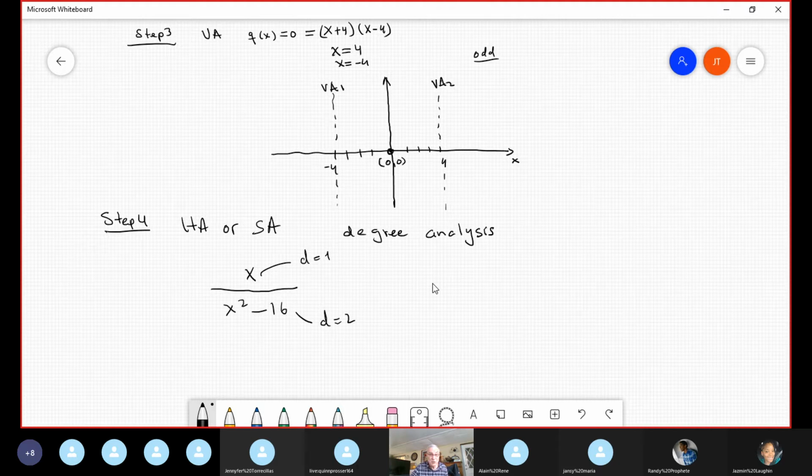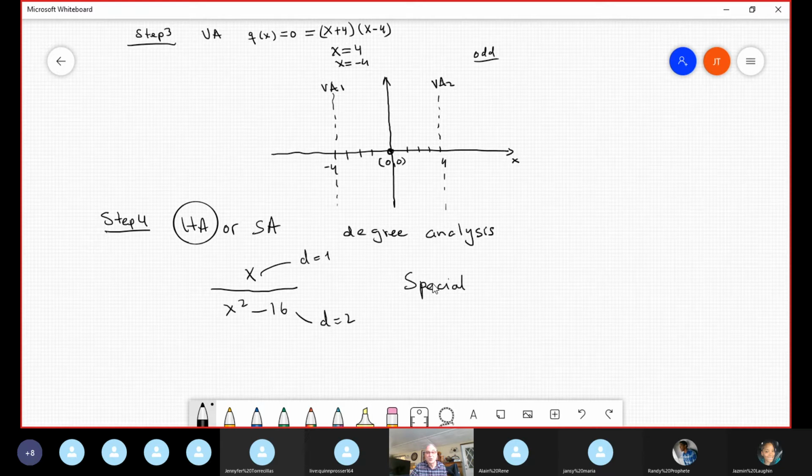Okay, we have a horizontal asymptote in two situations. When the degree is the same, that is the regular case, or when the degree of the denominator, which is 2, is bigger than the degree of the numerator. Then this is horizontal, but it is special.